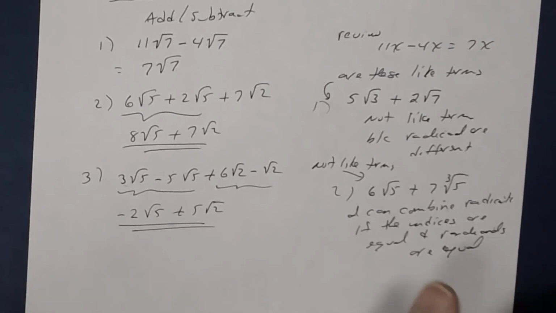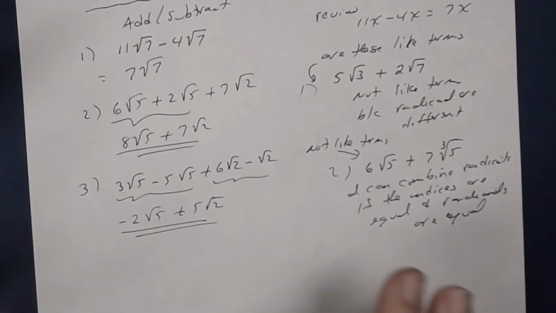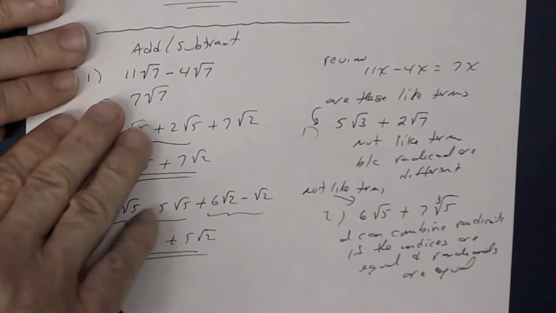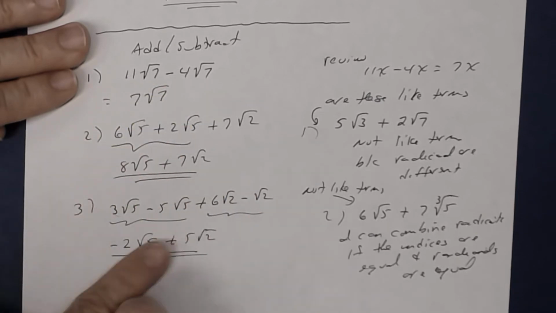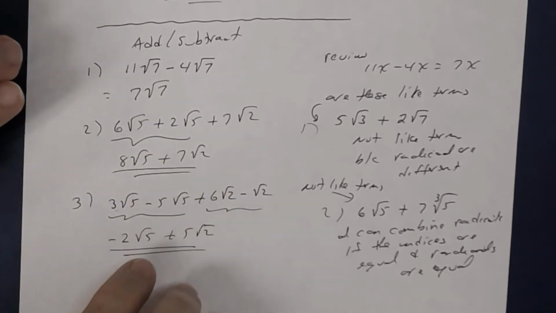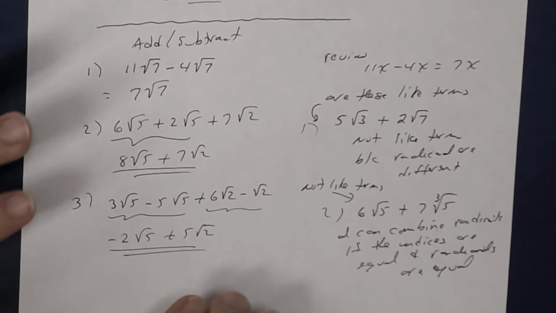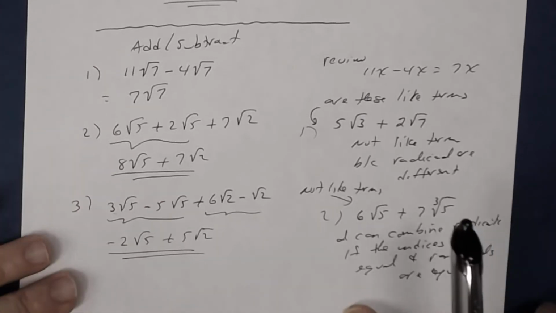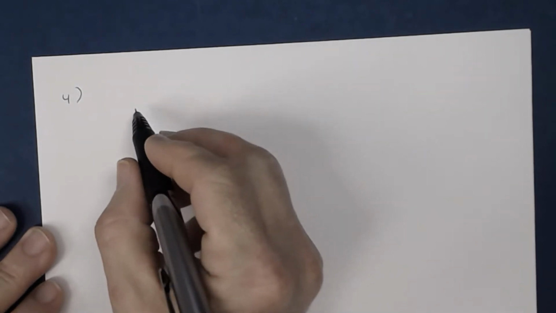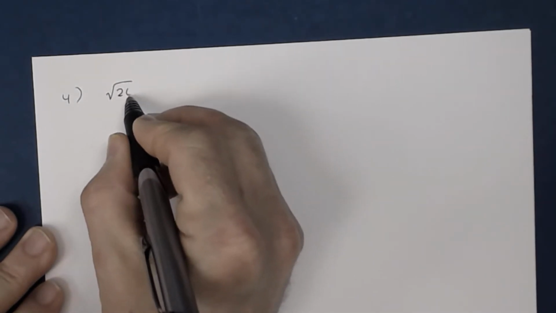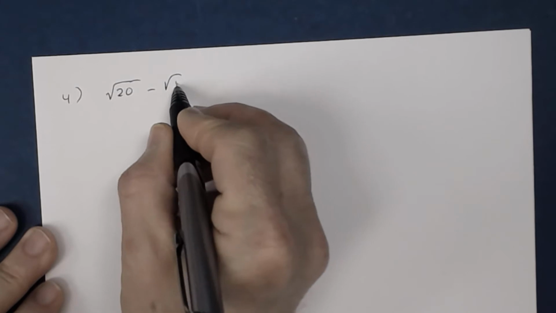All right, now let's look at this. Now that you know what like terms mean in terms of square roots, let's do the next one. Number 4. Suppose we had the square root of 20 minus the square root of 5.